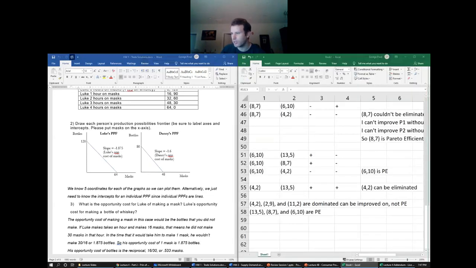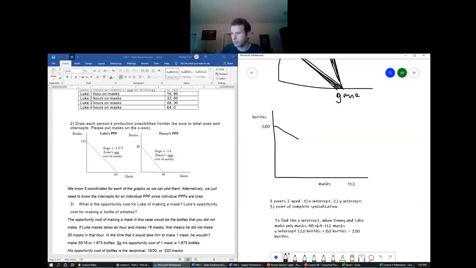Sorry, I did that slope a little bad. I'm just going to change the slope a little bit. Okay. So at some point, they're going to reach a point where, going from here to here, Danny can no longer be the only one making masks.